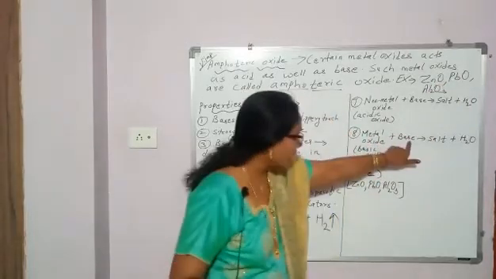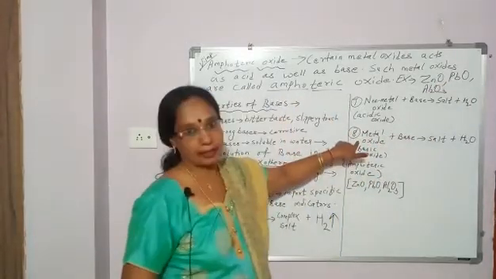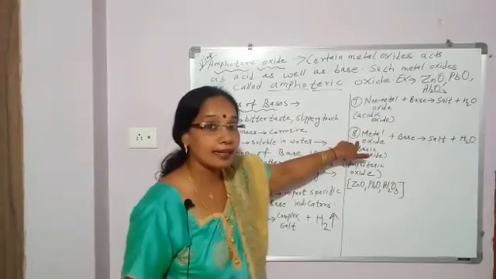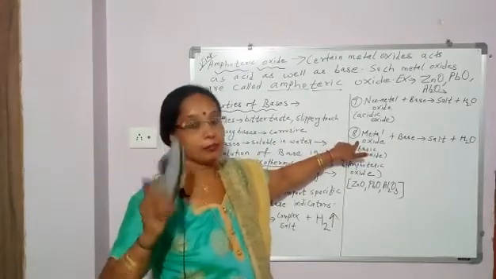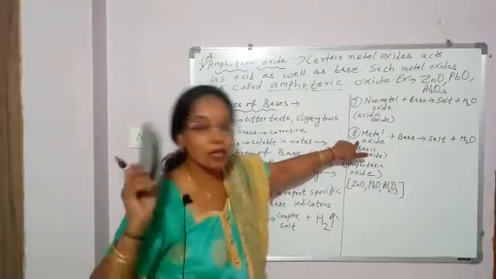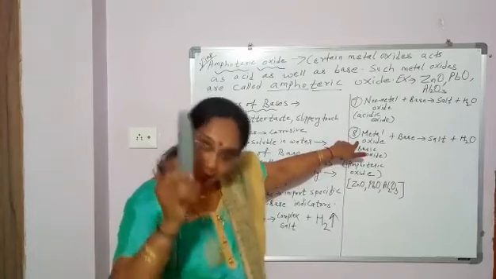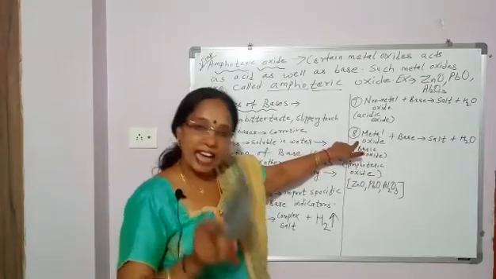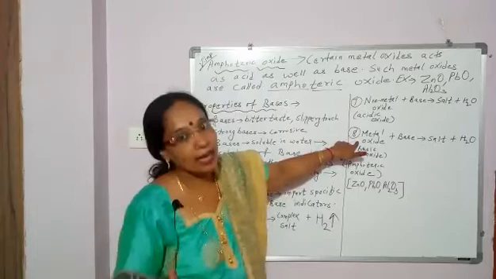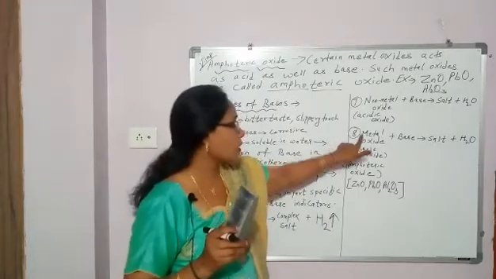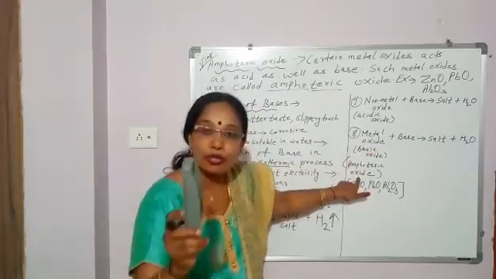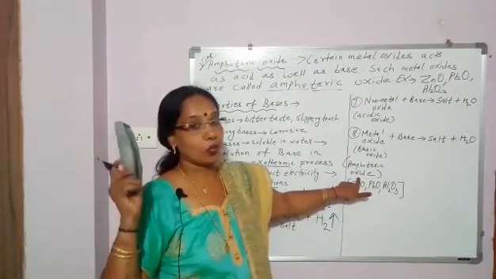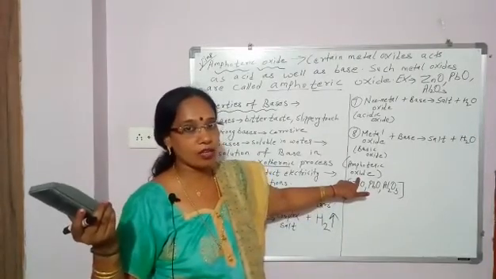Next, base when reacts with metal oxide. Metal oxides are basic oxides. But there are certain metal oxides which act as acid as well as base. Such metal oxides are called amphoteric oxide. What are the examples of amphoteric oxide?